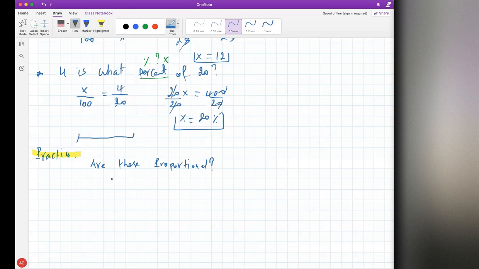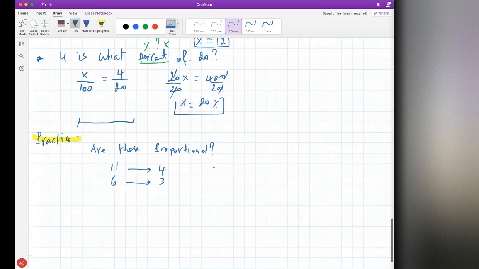Let me say, for example, 11 by 4, maybe 6 by 3. Some random ones I made. See if this is proportional. Find, for this one here, find x. So you have x to 7, 5 to 12.